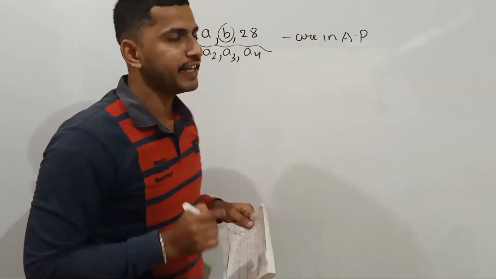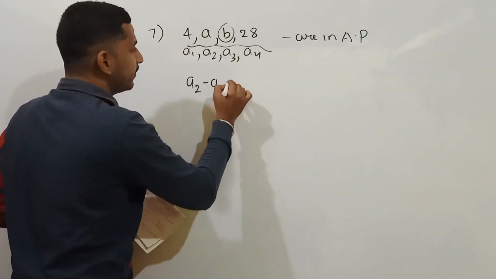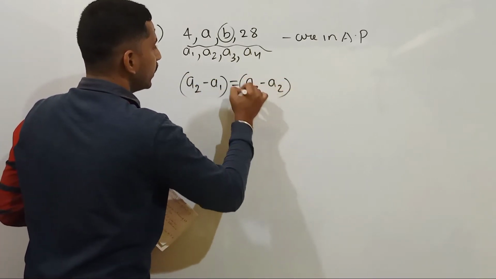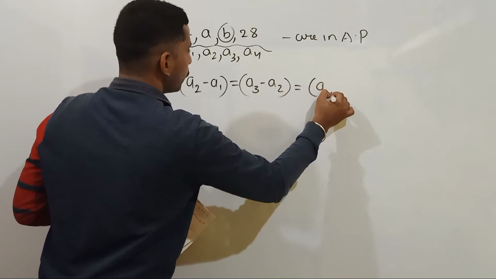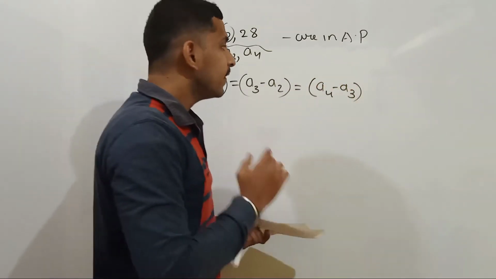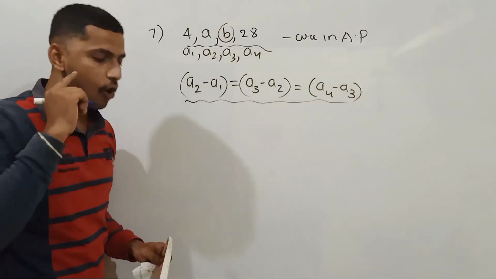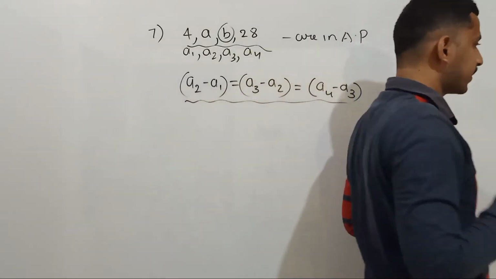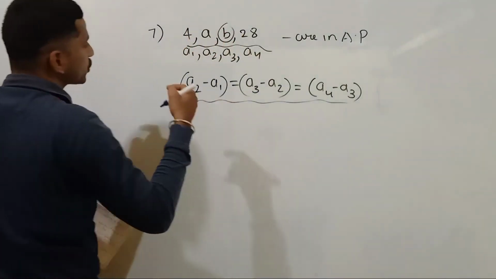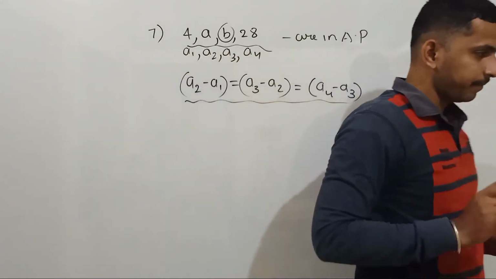If terms are in AP, it means A2 minus A1 will be equal to A3 minus A2. This will be equal to A4 minus A3. Why is this possible? Because they have said that all the terms are in AP. If terms are in AP, then this is possible. Please watch carefully. Don't get confused.